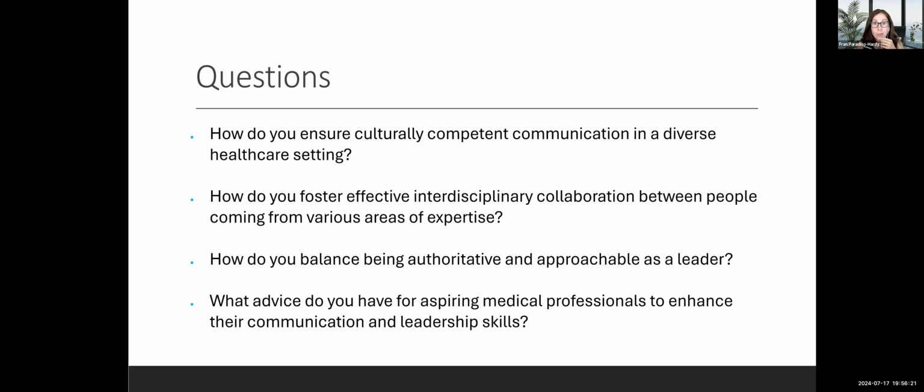Okay. So the next question is, how do you foster effective interdisciplinary collaboration between people coming from various areas of expertise? Another topic that, once again, these are great questions. And I just love it because no matter where you end up professionally, you will most likely need to work in a team setting, okay?